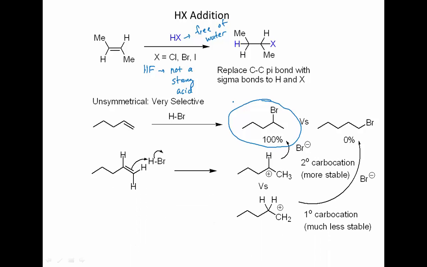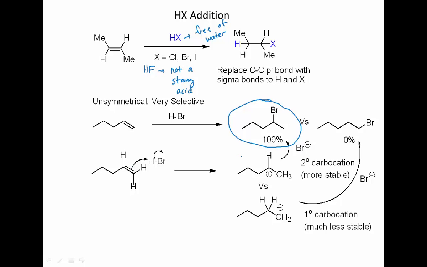Okay, so let's look at the mechanism. The mechanism is a carbocation mechanism. What we see here is that the H plus of the HBr is being attacked by the alkene.